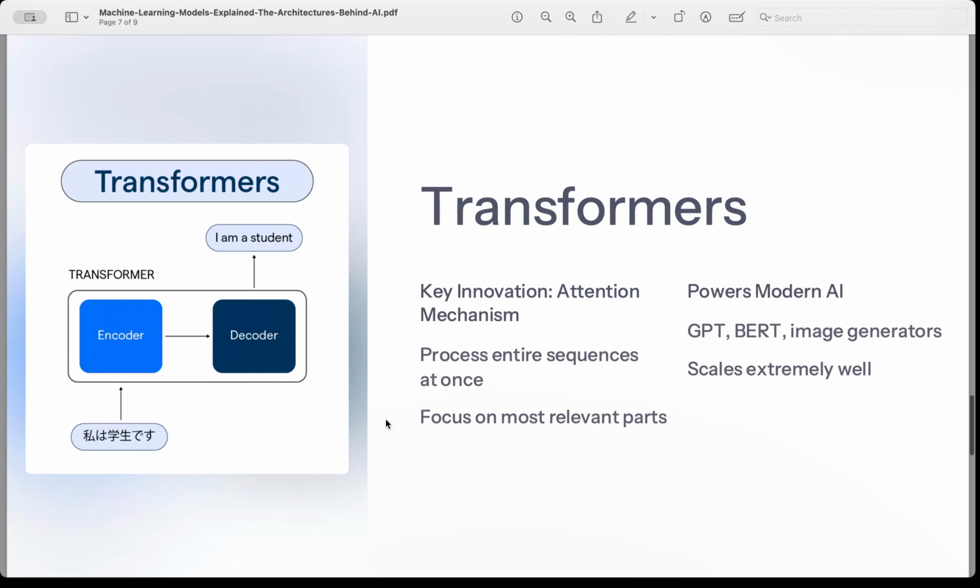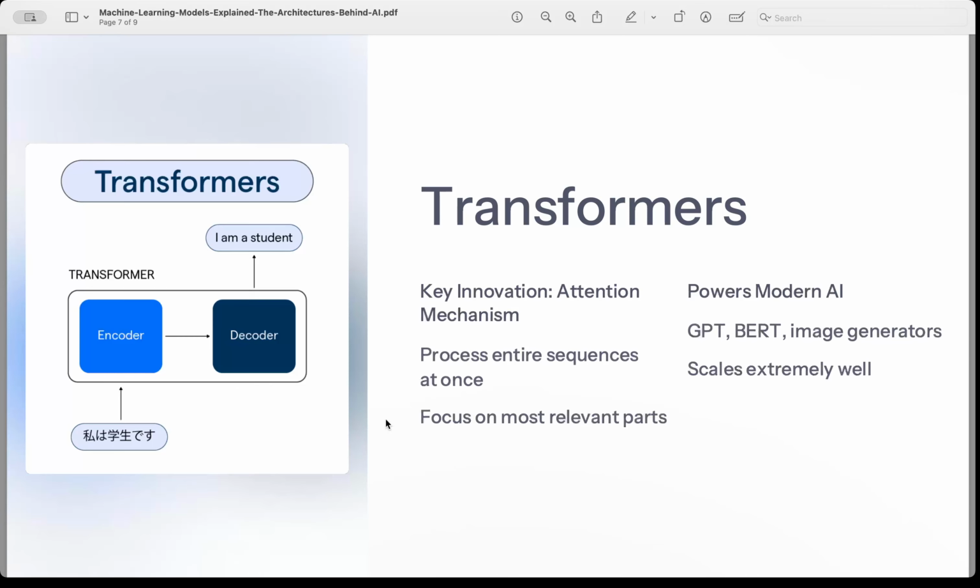Now on to the famous transformers that brought us ChatGPT and many of the LLMs that we have in use commercially today. Transformers completely reshaped AI, and instead of processing information step by step like RNNs, they introduced the attention mechanism. The first time we heard about the attention mechanism was through a very famous paper, I think published around 2017, called "Attention Is All You Need."